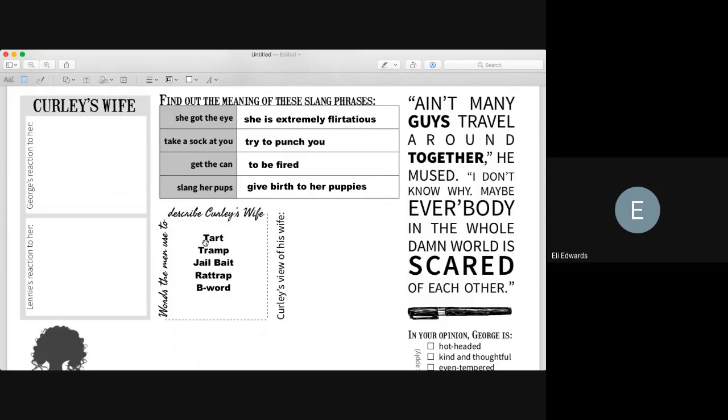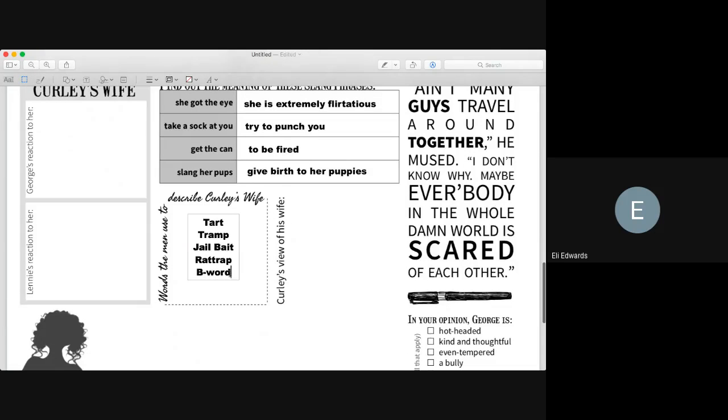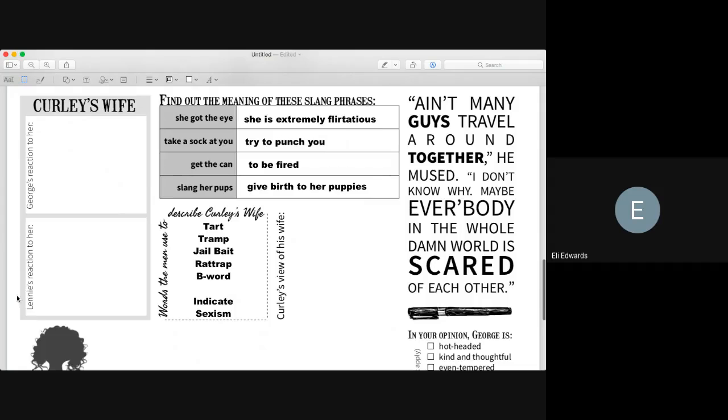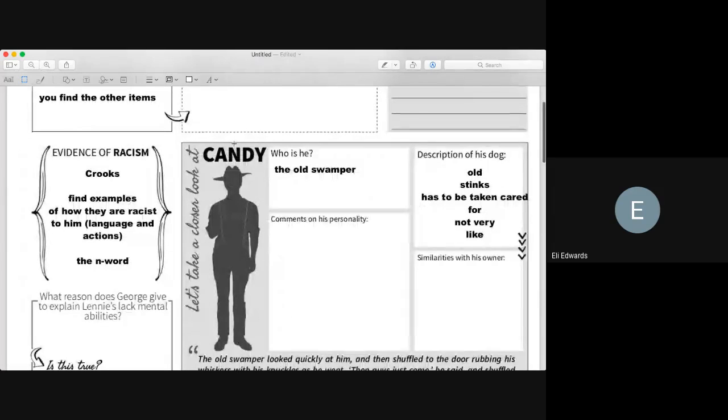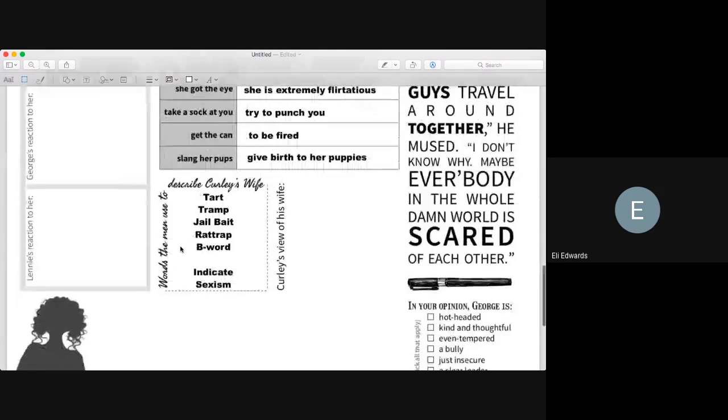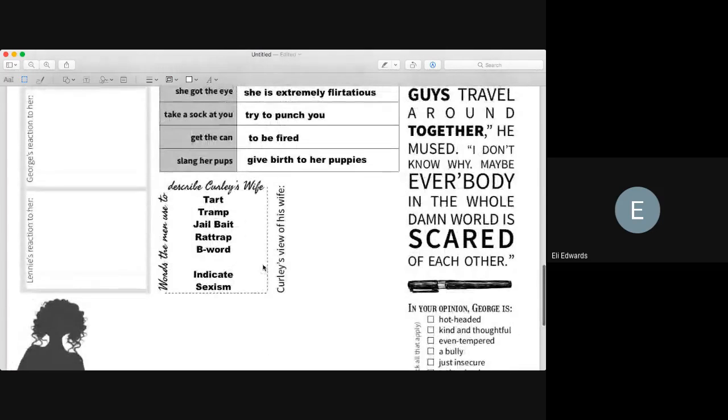Notice, guys, that these five terms are not necessarily the nicest. All of these indicate sexism. As we'll see time and time again, they're sexist towards Curly's wife, they are ableist towards Lenny and his ability, they are ageist towards Candy based on his age, and they're racist towards Crooks. Those are the four isms that were big back then.